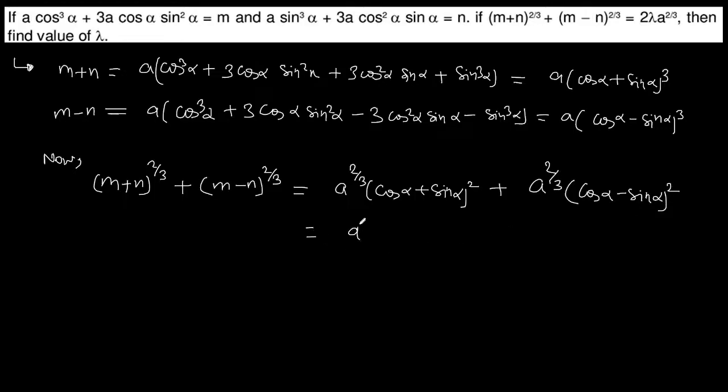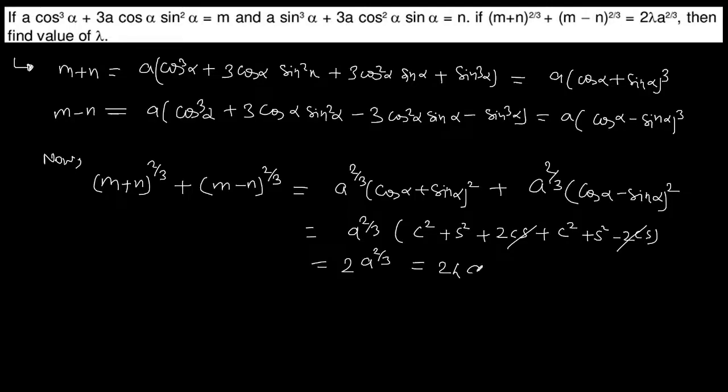If you take a to the power 2 by 3 common, cos square plus sin square plus 2 cos sin plus cos square plus sin square minus 2 cos sin, this is a to the 2 by 3, this getting cancelled, it is 1 plus 1, 2. We are told that this is nothing but 2 lambda a to the power 2 by 3. So can we say lambda is equal to 1?